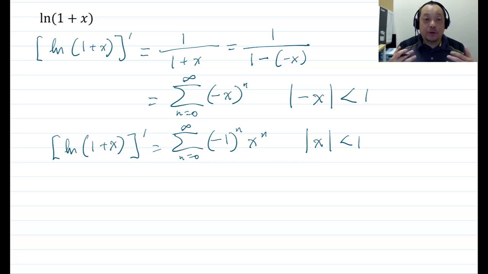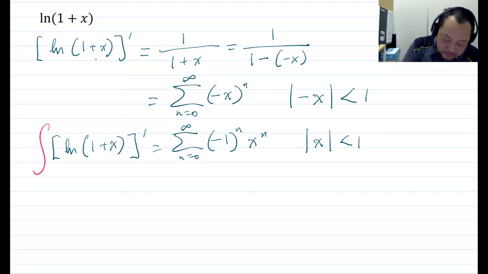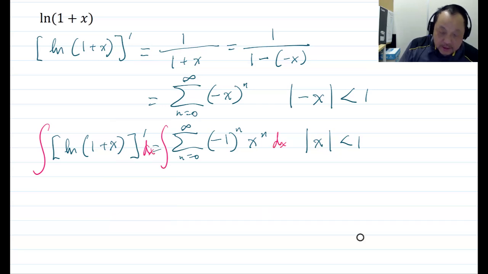So this is the power series of the derivative of ln of 1 plus x. Now I want to get back to ln of 1 plus x, so I should take the antiderivative of both sides. I should integrate both sides with respect to x. If I do that, then on the left, I have ln of 1 plus x.